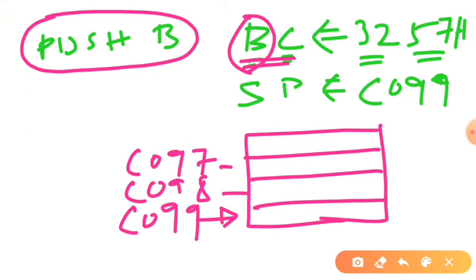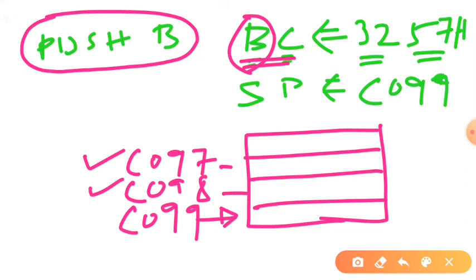That is why we always store the MSB first, then the LSB, such that the MSB is stored in the higher address and the LSB in the lower address. In this case the MSB will be stored in C098, and the LSB will be stored in the lower address C097.